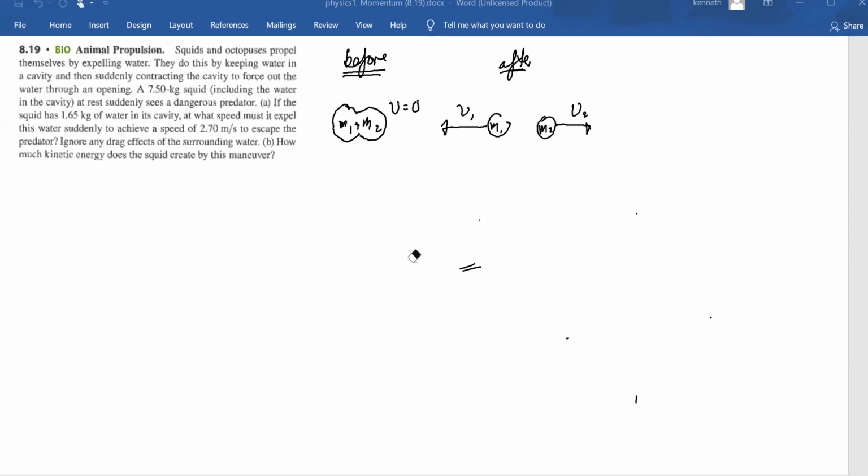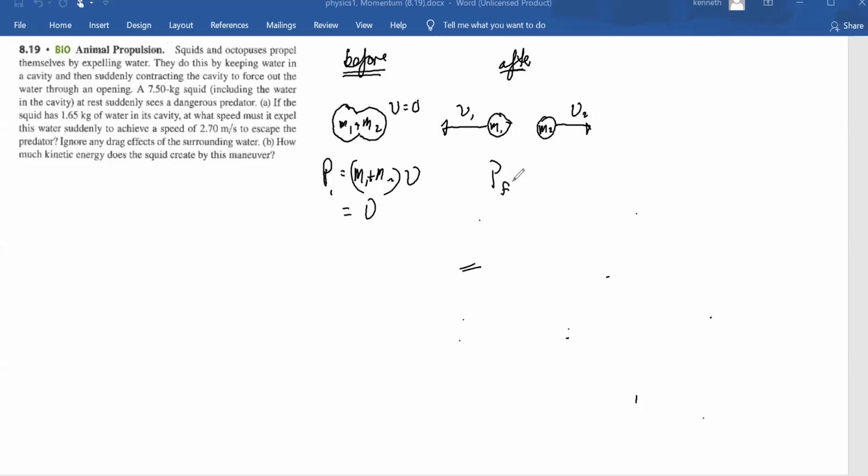Because the friction is small, we ignore the viscosity of the water and consider the system as isolated, so that the momentum initial before is equal to the momentum final. P initial: it's not moving, V is 0, so this is 0.